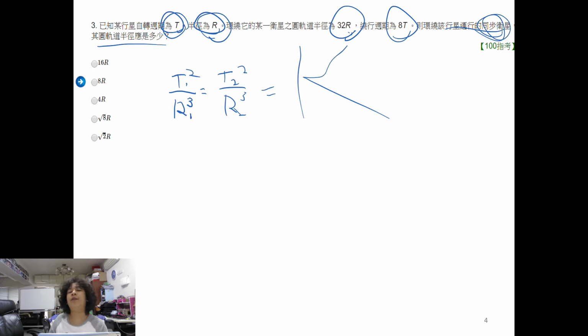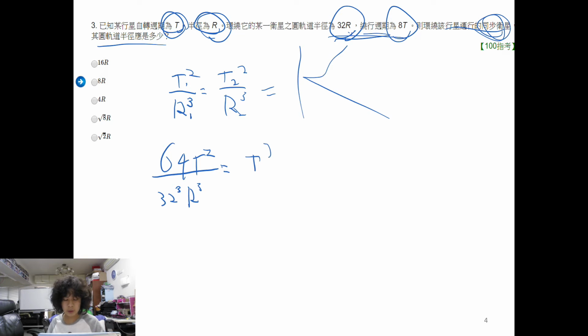Okay, so now to calculate first, just list it. T is 64T squared divided by 32 to the third power r equals, now the T is just T squared divided by, I don't know, maybe x, to the third power.